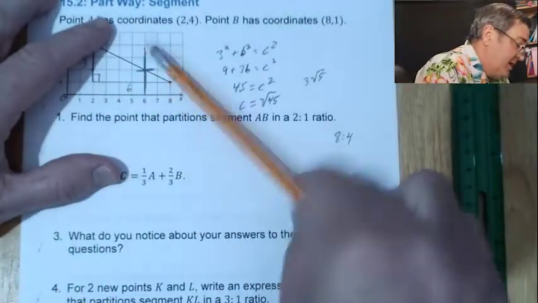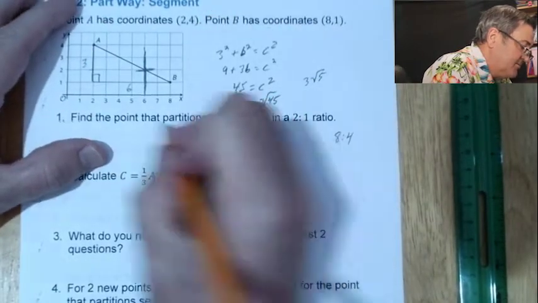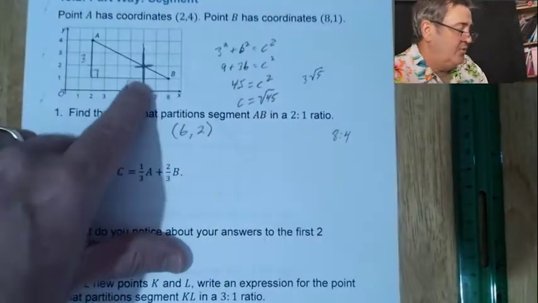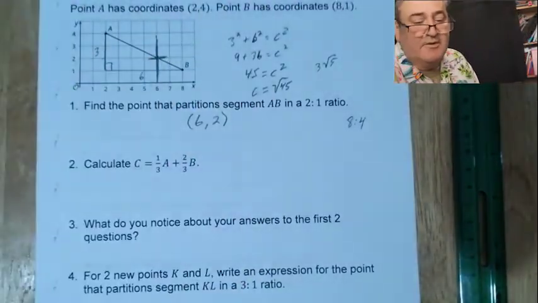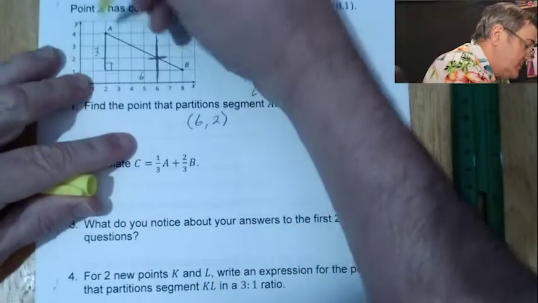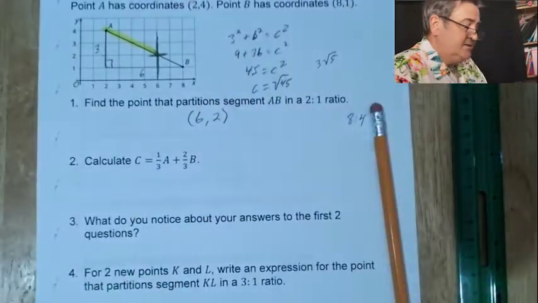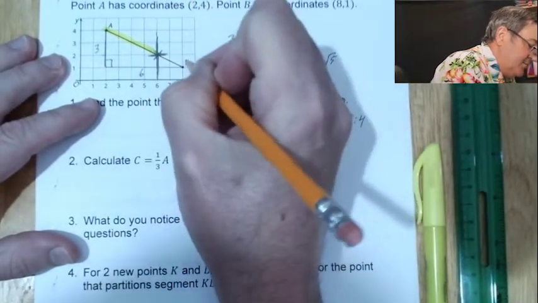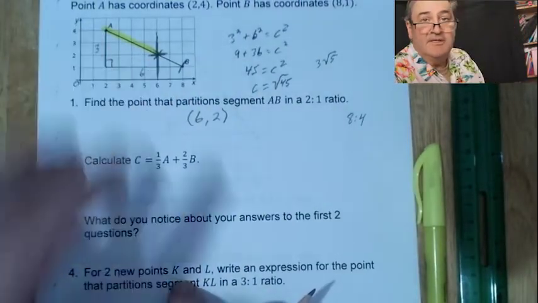So this point right here, the point 6, 2, do the x first. That would be the point to where this portion, let me get my highlighter, this portion here is A. That's how much went to A. And then just this part right here went to B. So this would be twice as long as that.